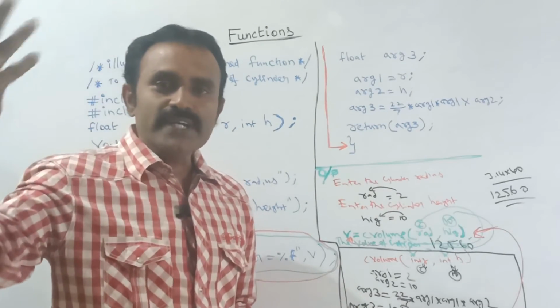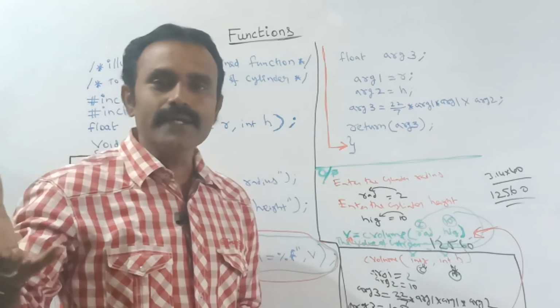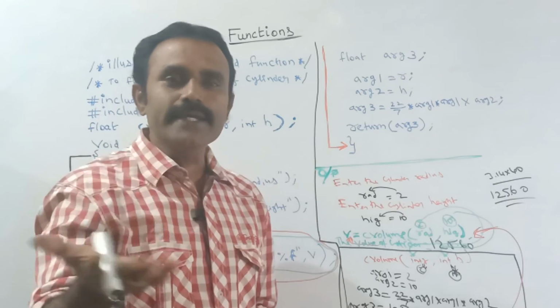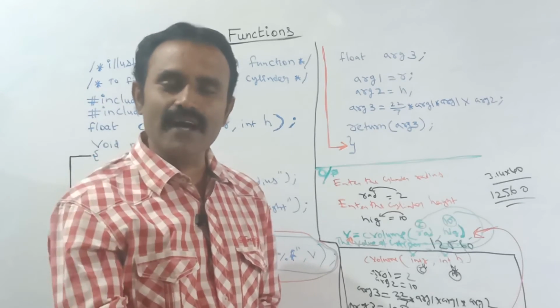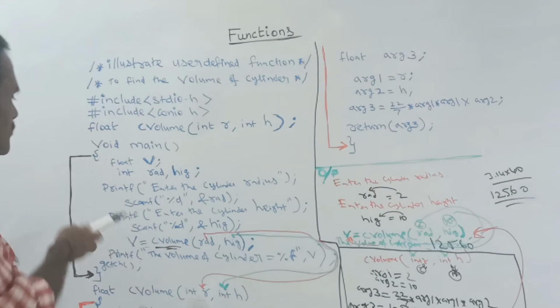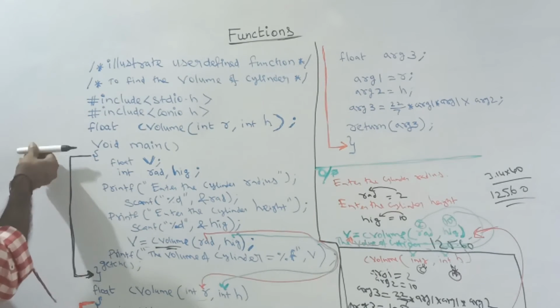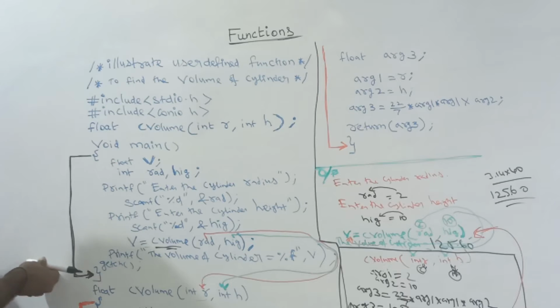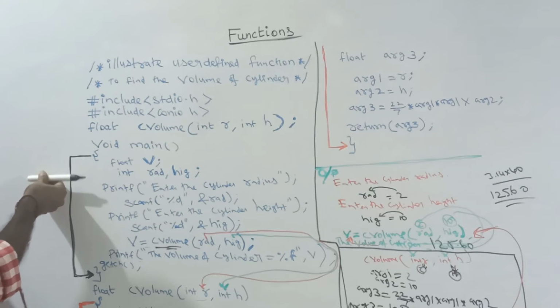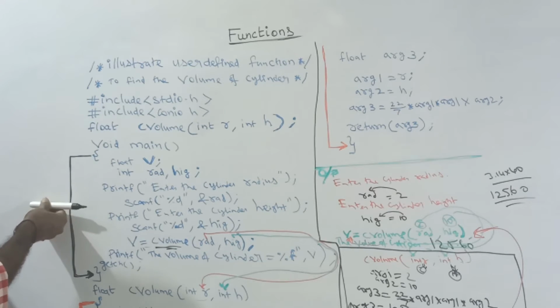Once that user defined function has completed, it again comes back to the main function. So this is the main function. This is the open brace. From open brace to close brace only, the controller will execute. Here each and every instruction will be executed step by step.